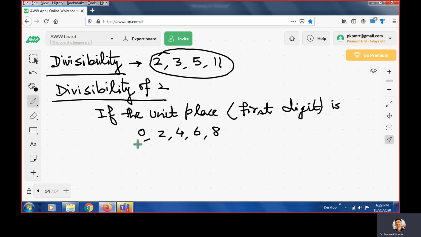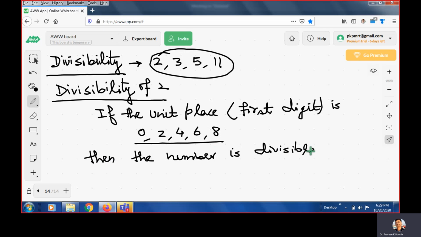If the unit place digit is 0, 2, 4, 6, 8, then the number is divisible by 2. Clear? So you need to focus on these numbers.